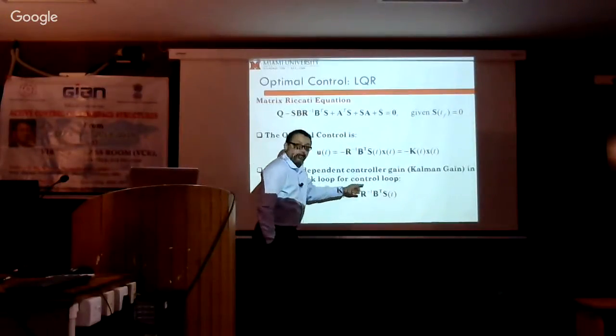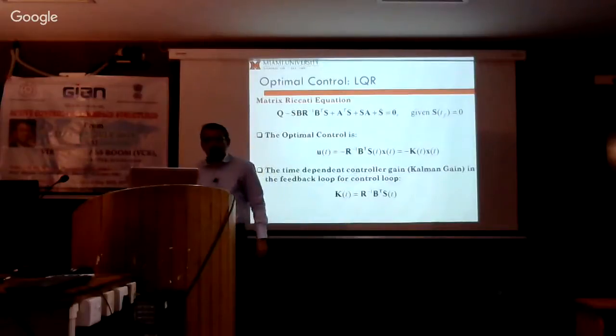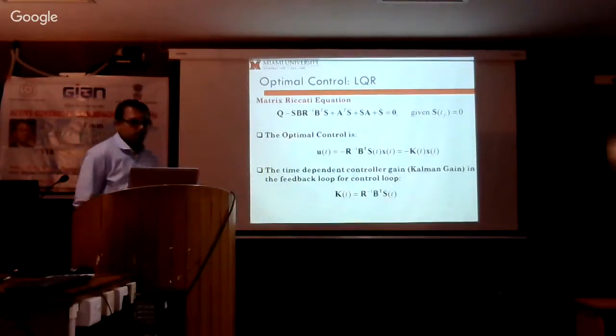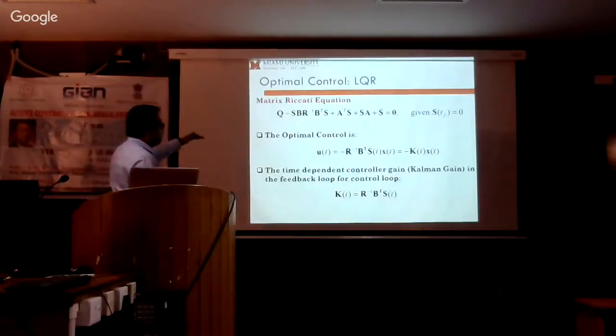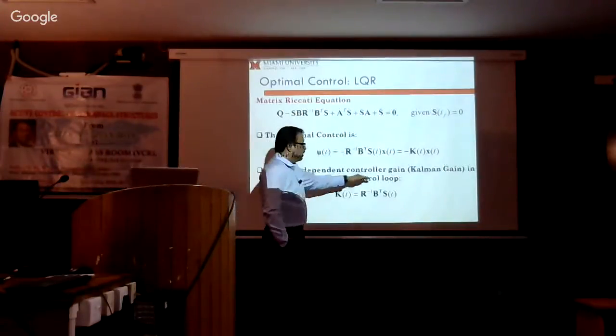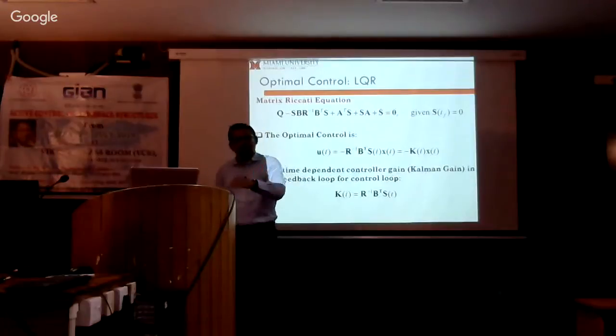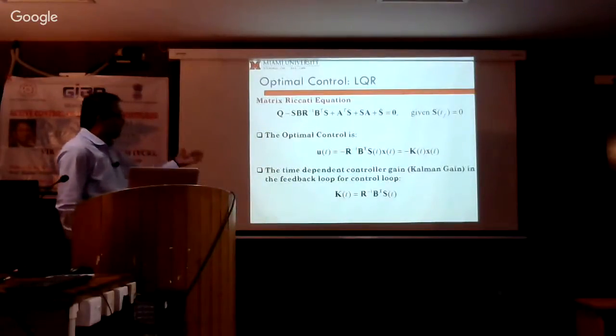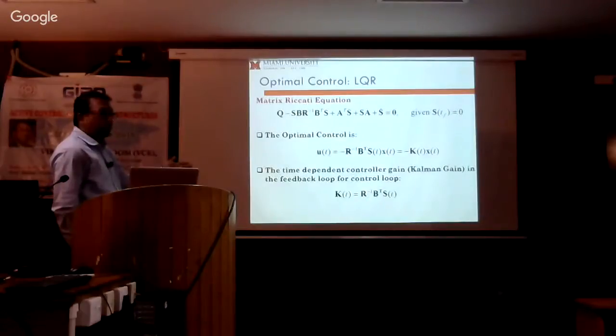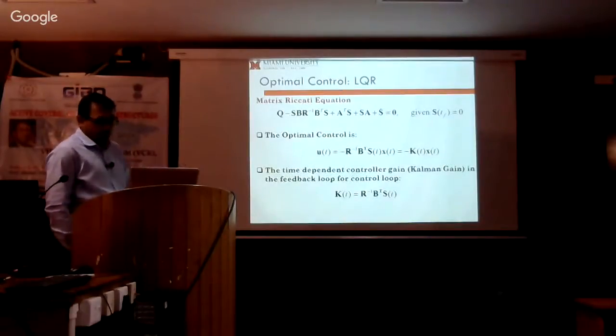This S is related to R and B, the control distribution. So in the optimal control problem, the LQR problem, you solve for this S, and from that you calculate your gain. This is the most optimal solution, which is a time-dependent controller gain, called the Kalman gain.